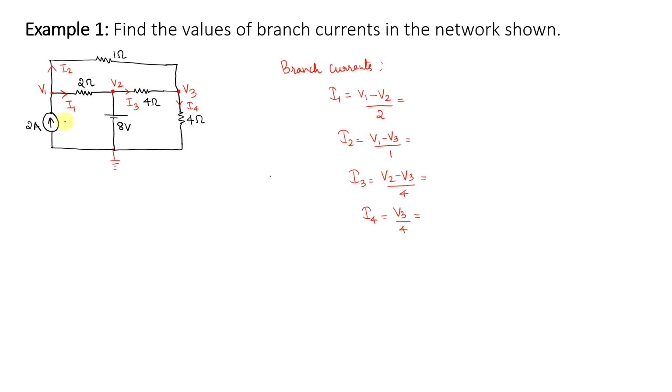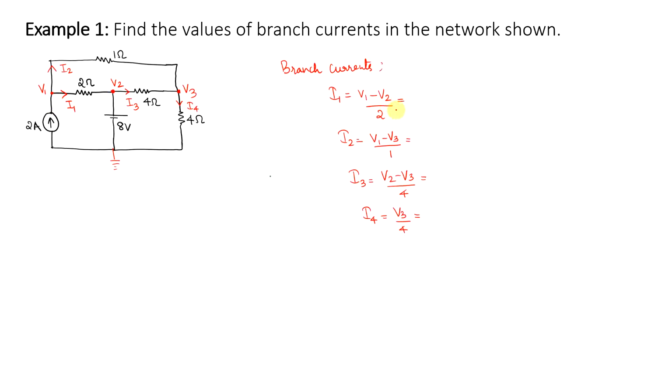So it is very important that when a question is asked with respect to the branch currents, you mark how you have considered the direction, so that you are sure whether the value is correct or not. The polarity will change but not the value.